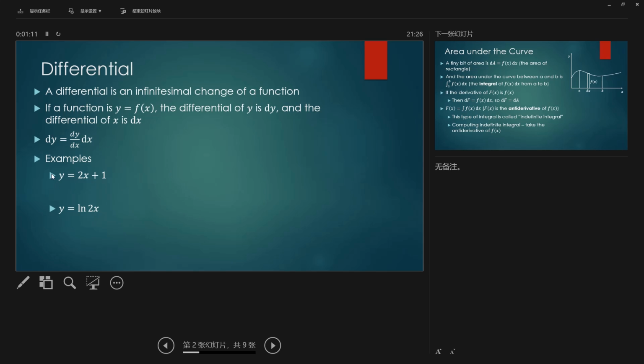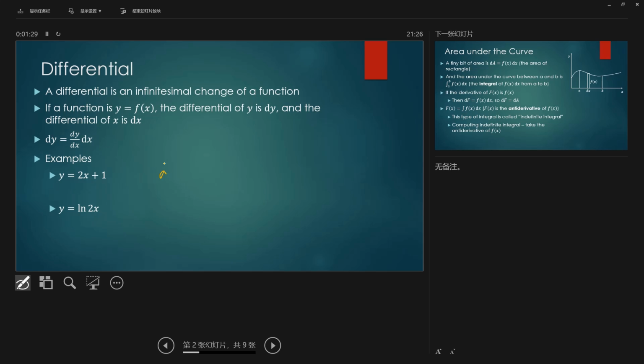So for the first one, y equals to 2x plus 1. What do you think?